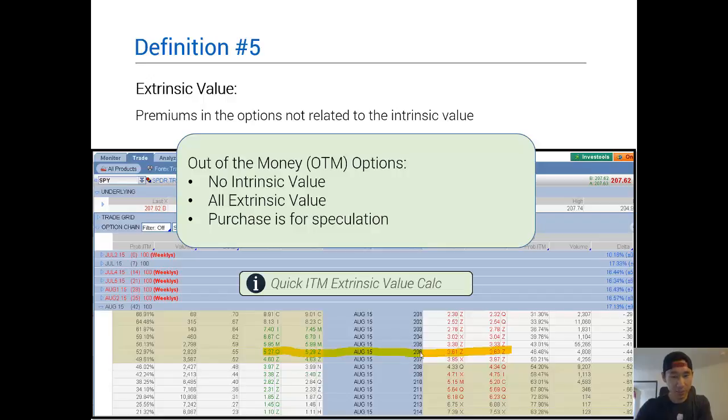But if you look at the 206 put option, it's 3.62, really close to what we calculated before at 3.66. Same with the puts: the 209 has an extrinsic value really similar to the call option at 209.